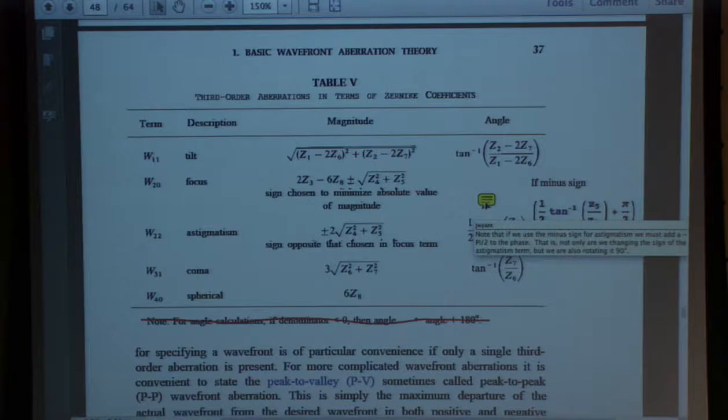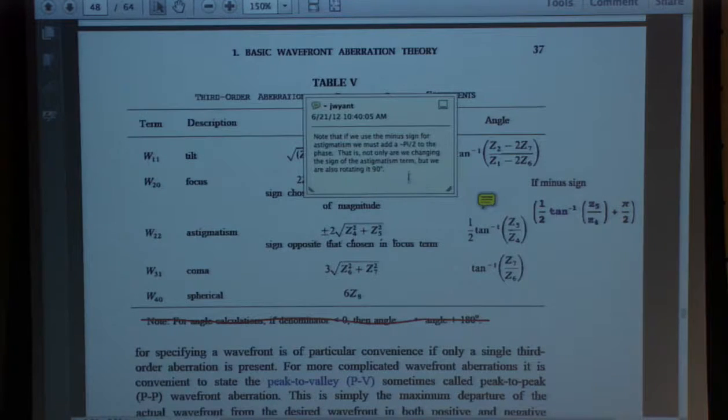I forgot the pi over 2 down here. So I just put in a note there that if we use a minus sign for astigmatism, we add the pi over 2 to the phase. And so not only are we changing the sign of the astigmatism term, but we're rotating it by 90 degrees.